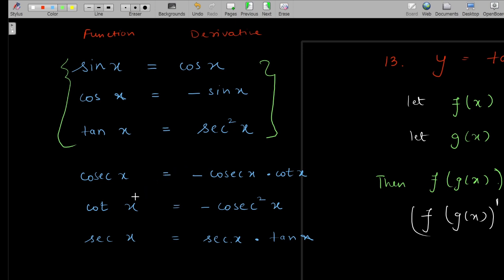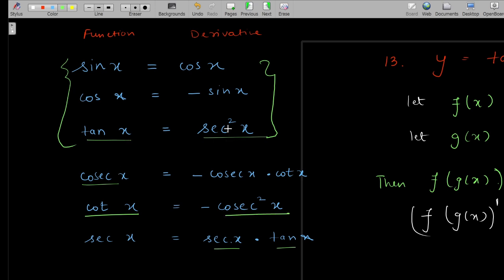For the last three functions, how will you memorize this? So think of it this way: the derivative of tangent is secant square x, so the derivative of secant is secant times tangent x. Similarly, for cosecant, there is actually a relationship. Tangent and secant square x, and cotangent and cosecant square x.